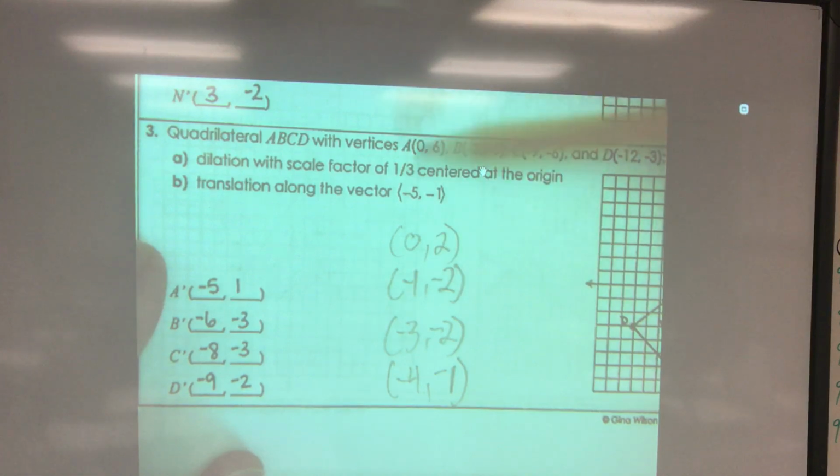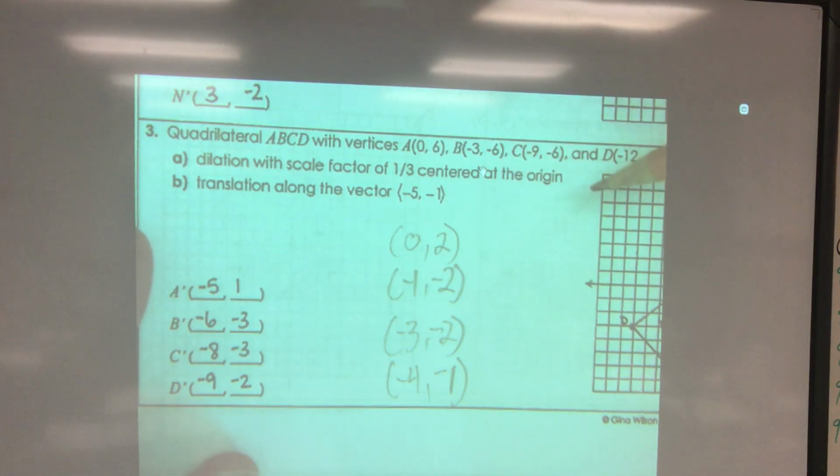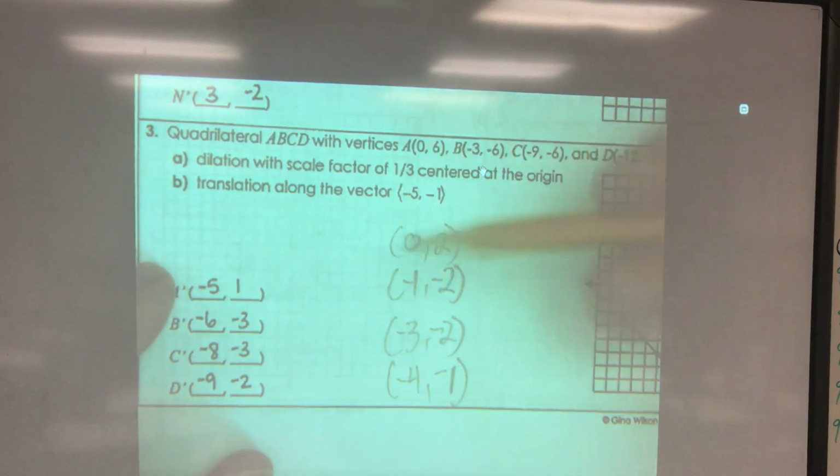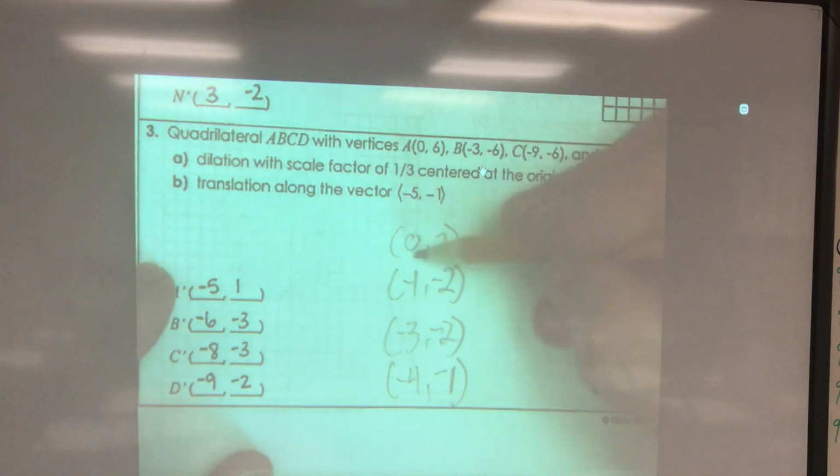Let me check my math very quickly. Okay, I think I'm good. So now I have to do a translation along this rule at -5 and -1. So all I'm doing is taking this and combining. Whenever it's a translation with a vector, I'm just combining.